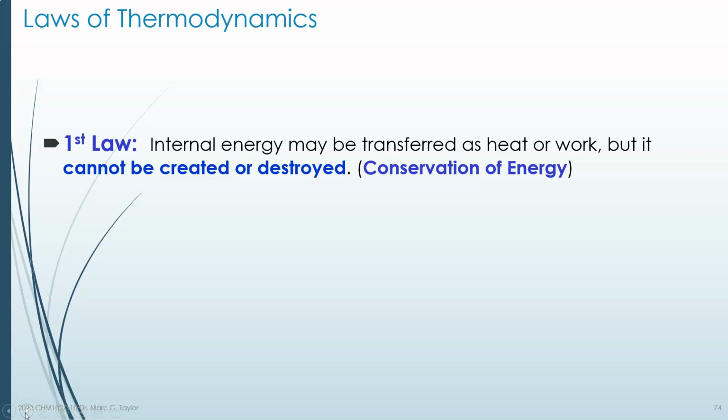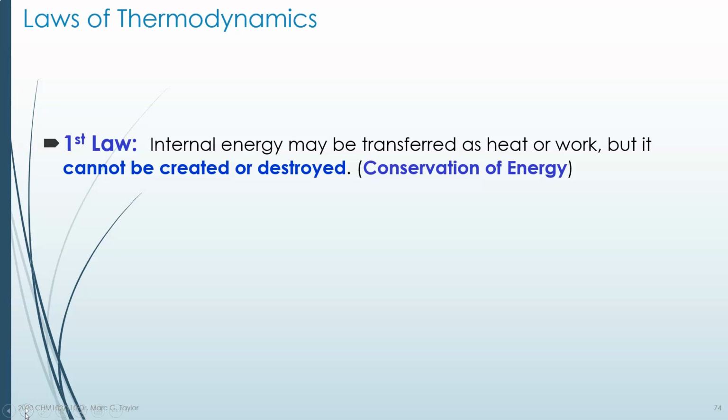Well, the internal energy is the amount of heat energy within any substance or group of substances or container of substances. And you can think of the energy as being related to the speed and vibration of all the particles within a certain container that you're looking at.